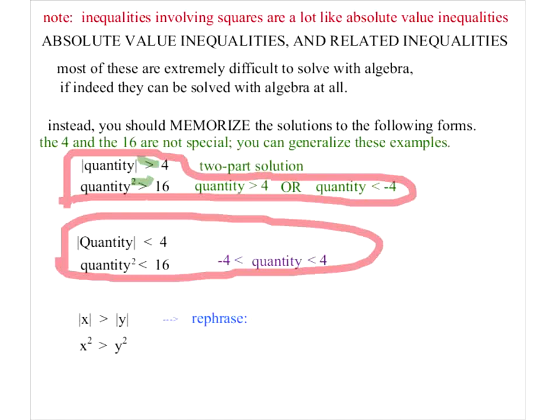The solution to this inequality is basically x is a big number and y is a smaller number.